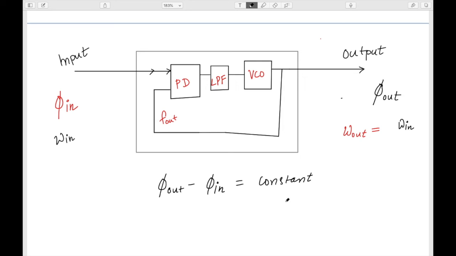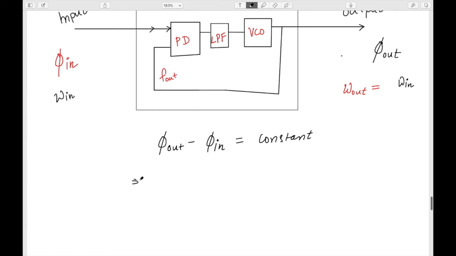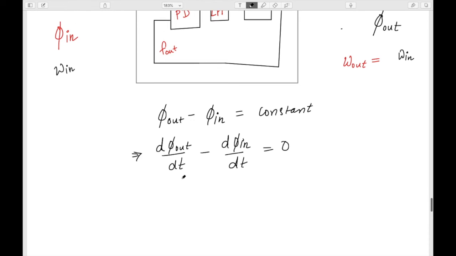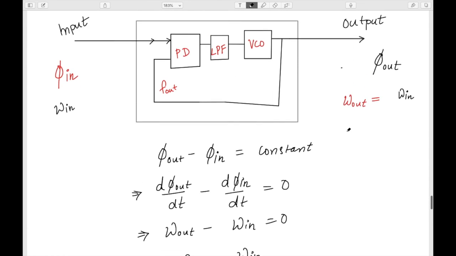Then I can say the PLL is locked, or we have achieved whatever we want. Why? Because if I do the differentiation, I get d phi out by dt minus d phi in by dt equal to 0. We know this is omega out and this is omega in, so omega out minus omega in is equal to 0, which implies omega out is equal to omega in. That means we have achieved whatever we wanted.